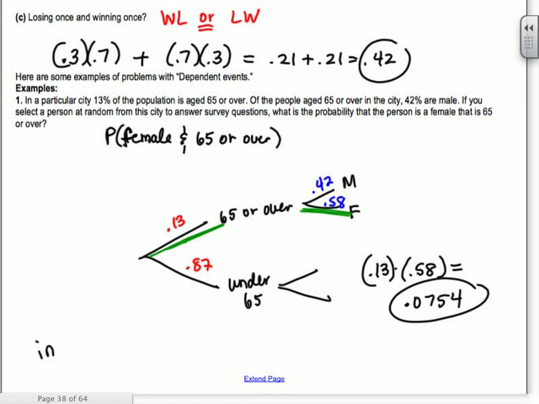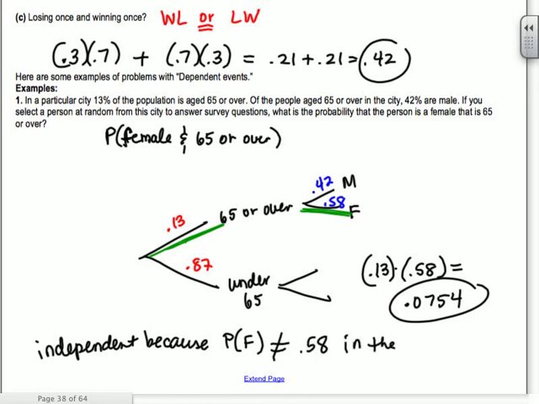Okay, the reason this is dependent is because the probability of someone being female is not equal to 0.58 in the total population. Does that make sense? We only had the probability that someone was female if they were 65 or over.